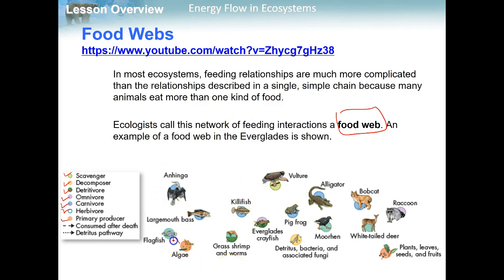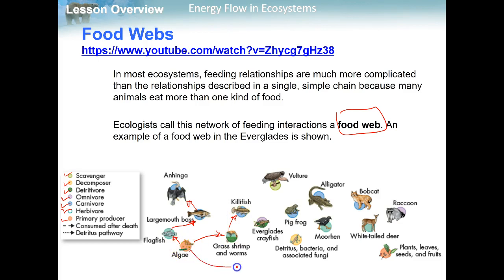So the flagfish are going to eat the algae. So we're going to draw the arrow away from the algae. The bass are going to eat the flagfish, and the onaga is going to eat the bass. We also have grass shrimp and worms that are going to eat the algae, and those grass shrimp are going to be eaten by the killifish.